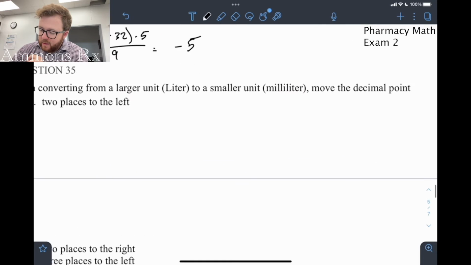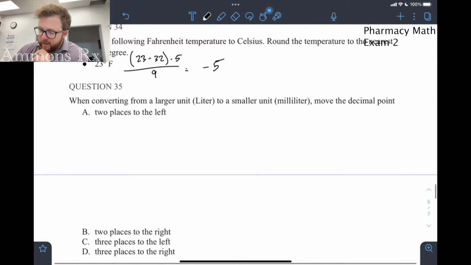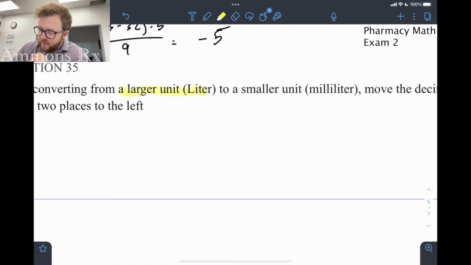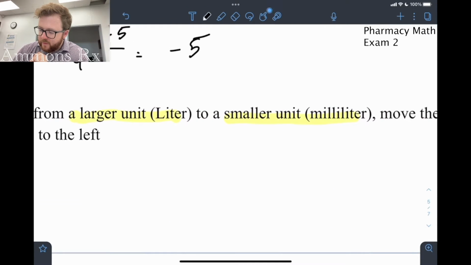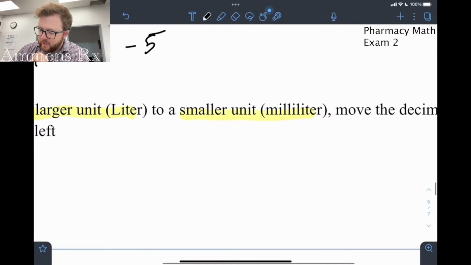Okay. When converting from a larger unit, liter, so larger unit, to a smaller unit, what do we do? So we need to ask ourselves, so smaller unit is going to be milliliter, which is 1 over 1,000.